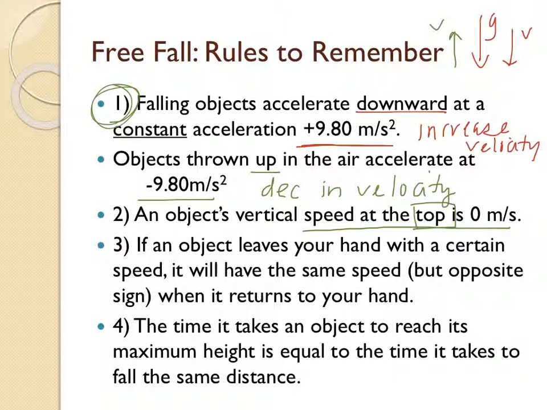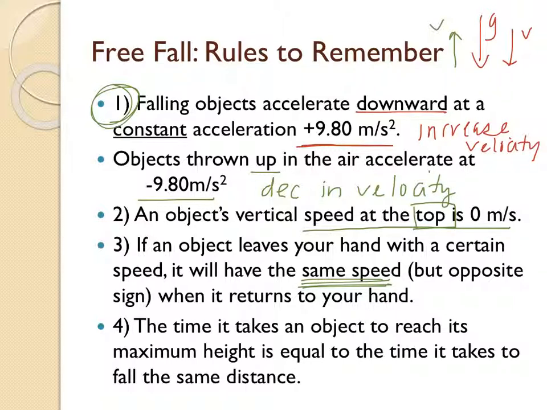Some other conceptual things, as long as we're ignoring air resistance, actually even with air resistance it doesn't matter: if an object leaves your hand with a certain speed, say you throw an object into the air at 5 meters per second, when it comes back to your hand at that same level that it started at, it returns to your hand with the same speed.